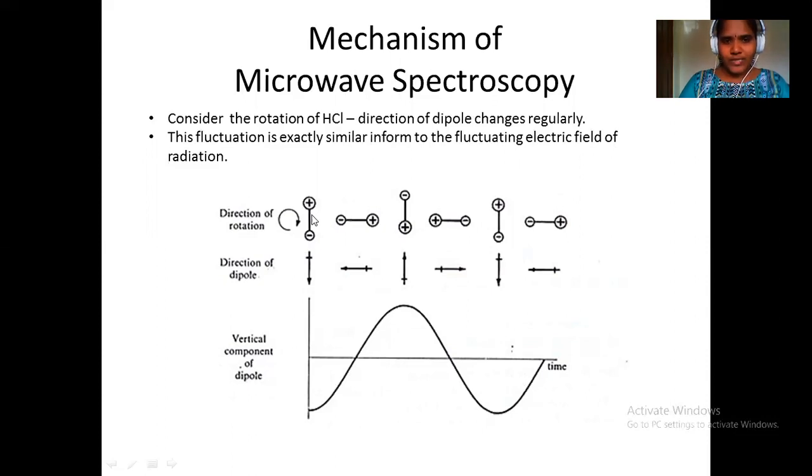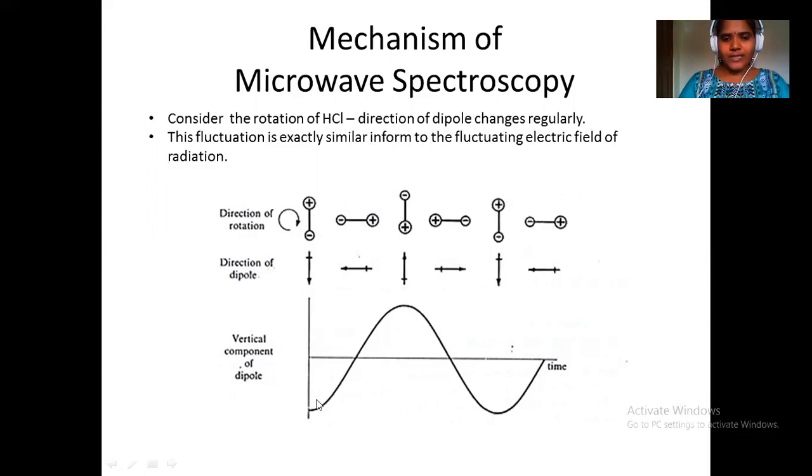When this is rotated, after some time it reaches this position where the vertical component is in this direction. Then if I continue the rotation of the molecule, the dipole moment is upward, then it is sideways, and when it continues rotating in the same direction, it becomes downward, and then again sideways.